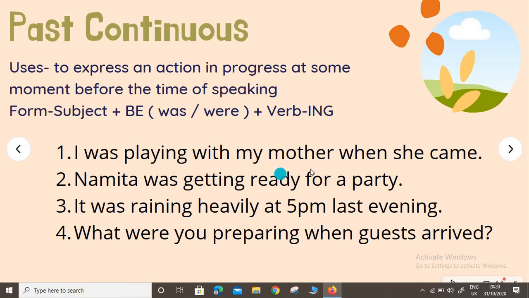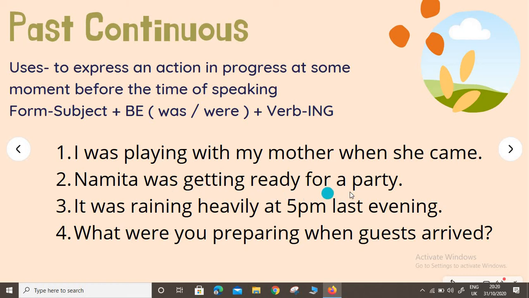I was playing with my mother when she came in. So what was happening when I was playing? One action was going on. So I was playing: helping verb plus verb in the ing form. So I was playing denotes that it is in past continuous tense.